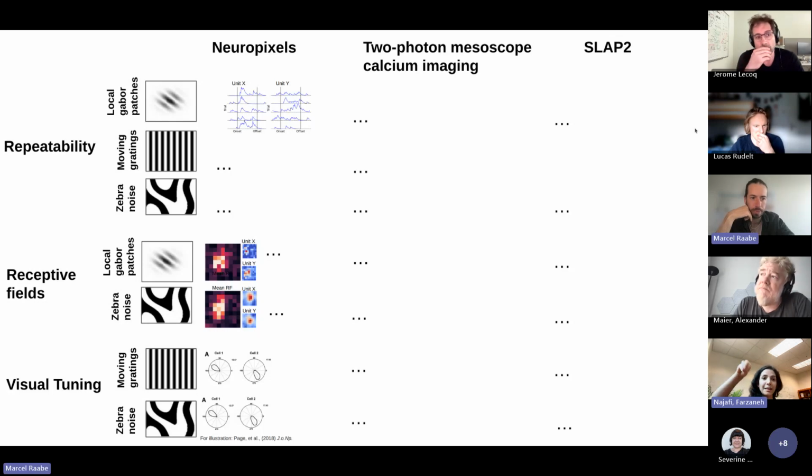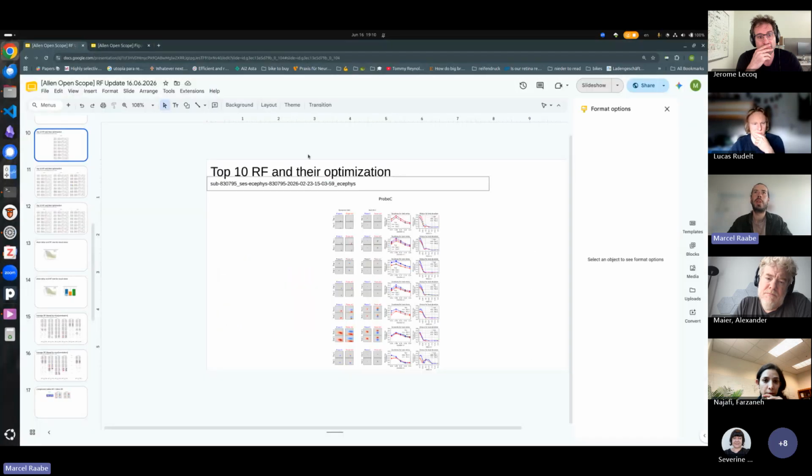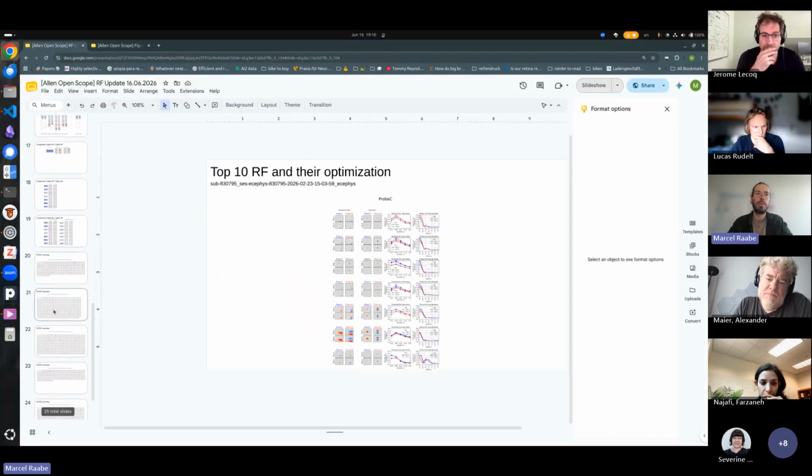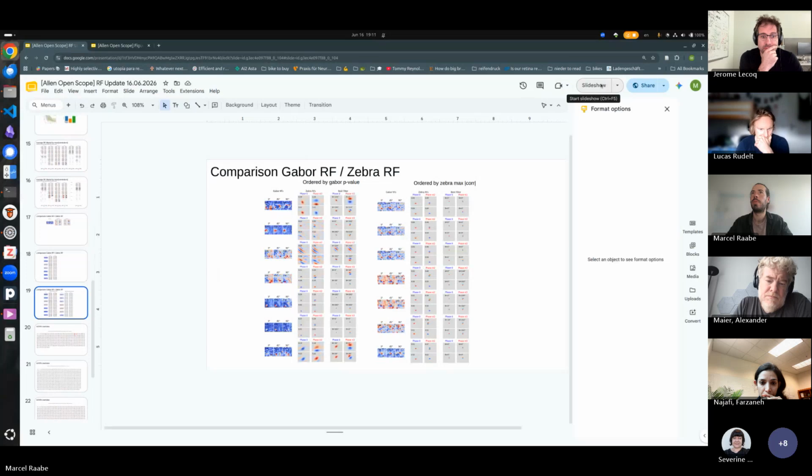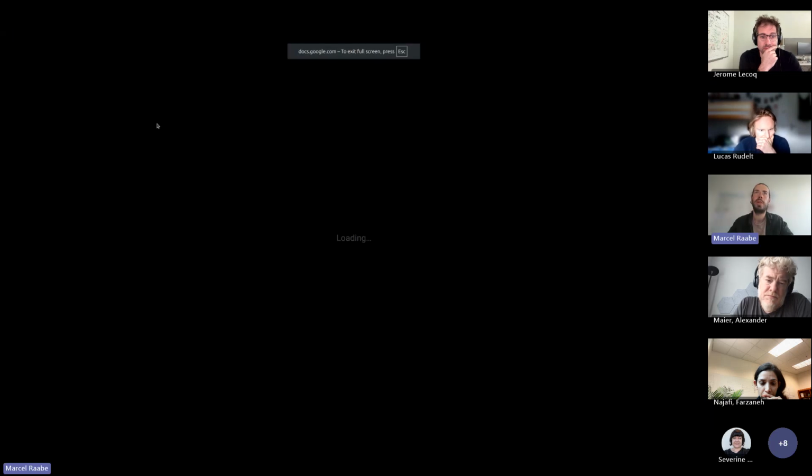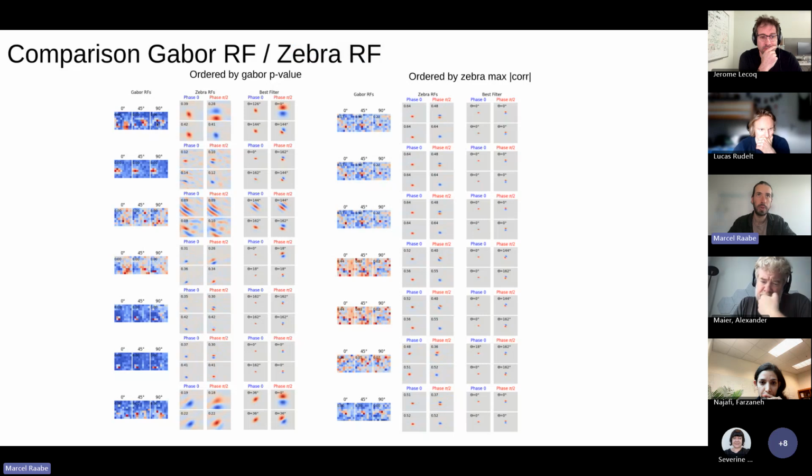See, but it's not that we get different sets of neurons. It's not that if we show the receptive field on the top right corner, depending on whether it's zebra or moving gradient or Gabor, we'll get different sets of neurons. What I show on this slide here, these are the same units, but the sorting is different.